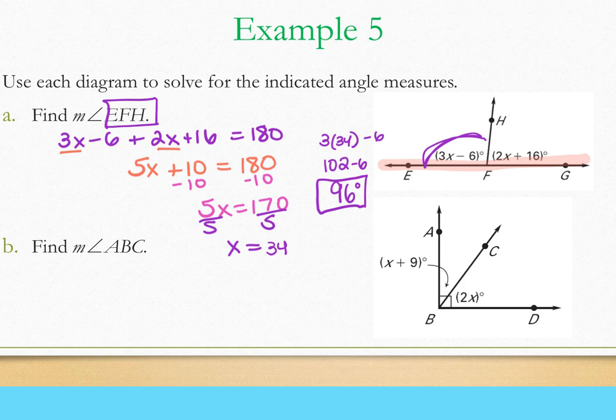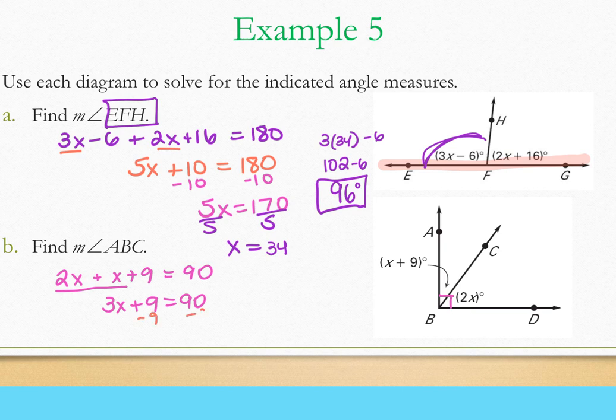All right, what do we know about the angle in the diagram for B? ABD is 90 degrees. Good. That's marked as 90 degrees. So what can I do with those two angles? Put them equal to 90. Good. 2x plus x plus 9 equals 90. Combine my like terms again. 3x plus 9 equals 90.